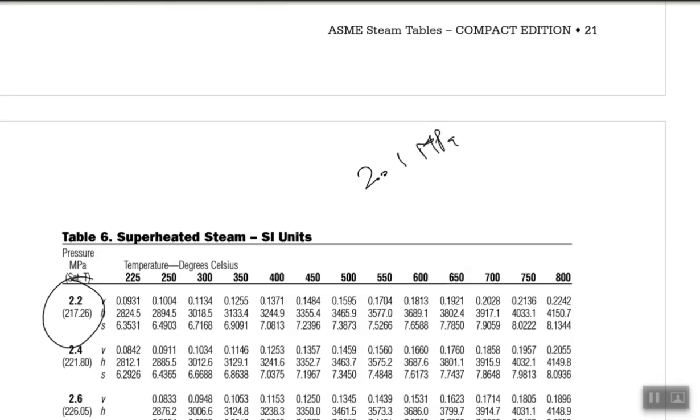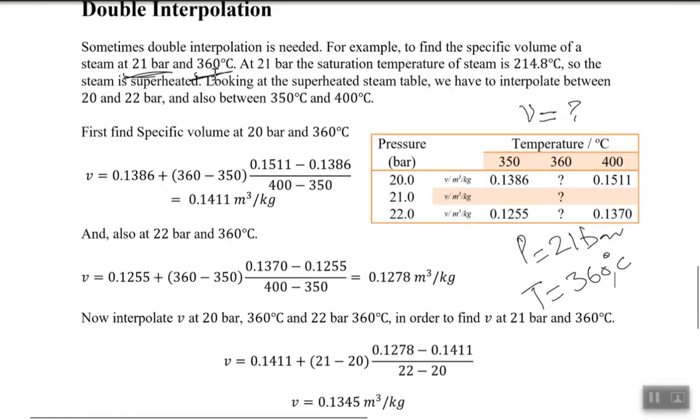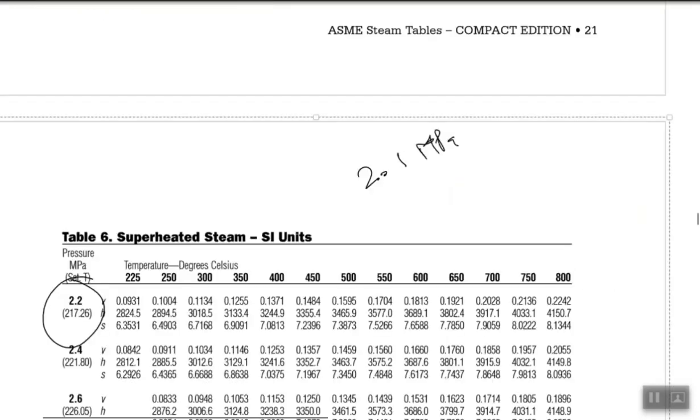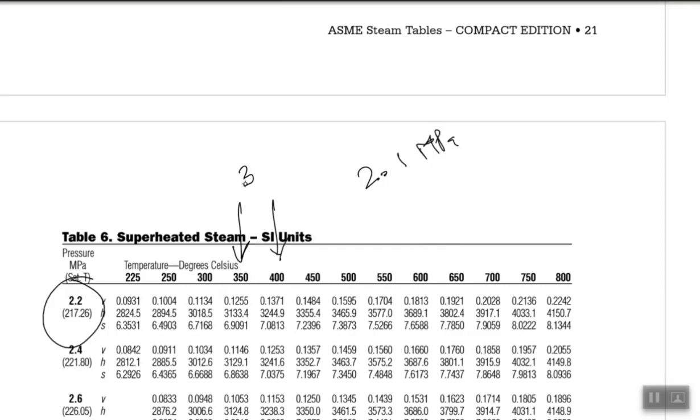That means we do not have a pressure which corresponds to 2.1 megapascal. Now let's go to the temperature. The temperature required is 360. Looking at the steam table, we have a temperature of 350 and a temperature of 400, but we do not have a column of 360.